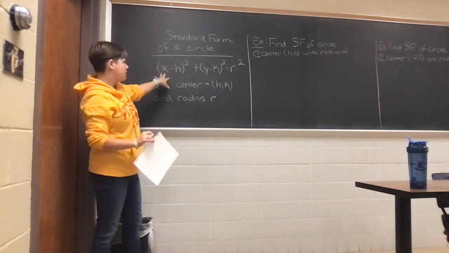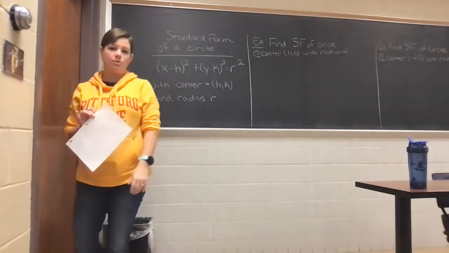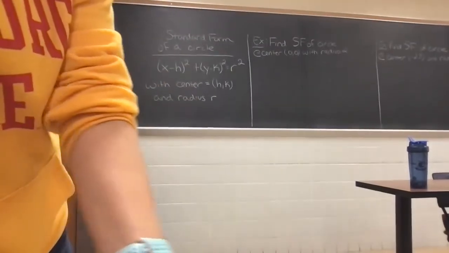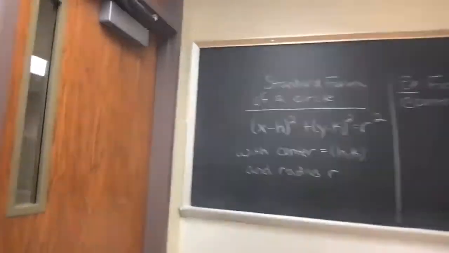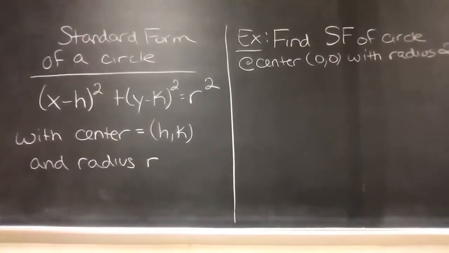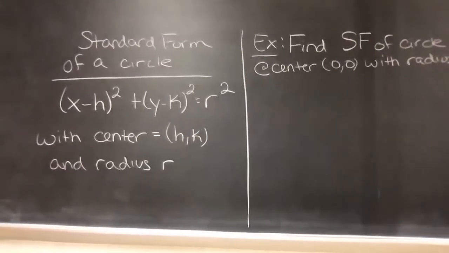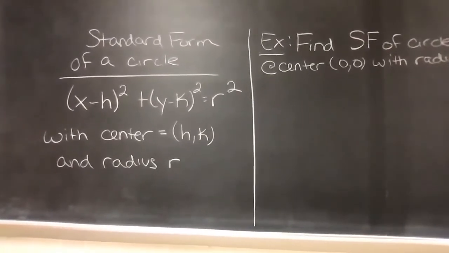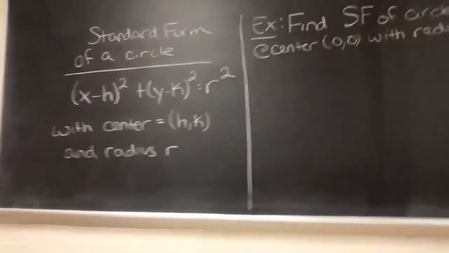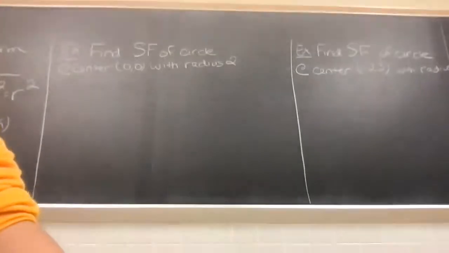Usually we see circles written in standard form, just because it's the most conducive to doing the math with it. It's kind of like for lines, we did y equals mx plus b. That's the nicest form to have it in, because it's the easiest way to use it after that.